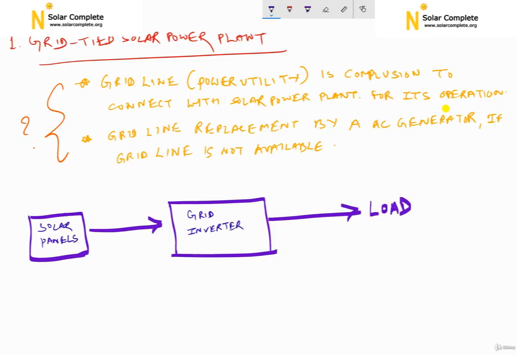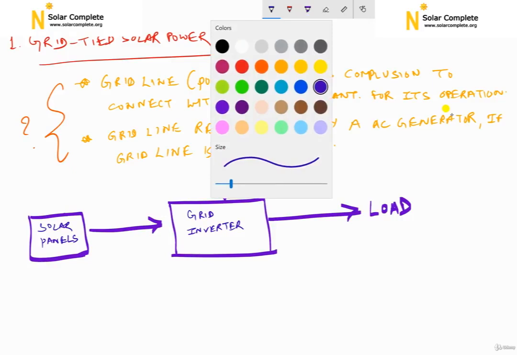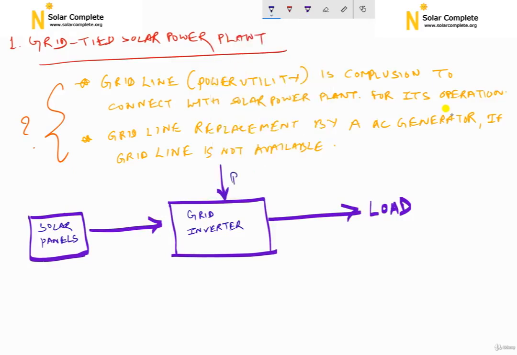Second, during rainy seasons, the balance of power will be fulfilled by the grid line.